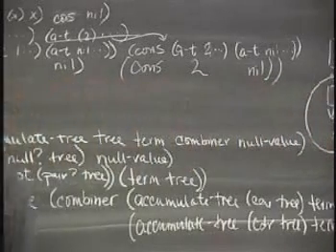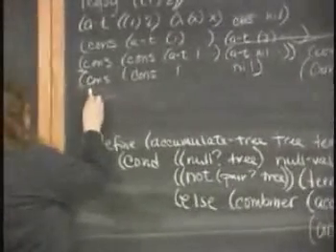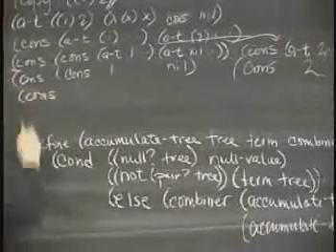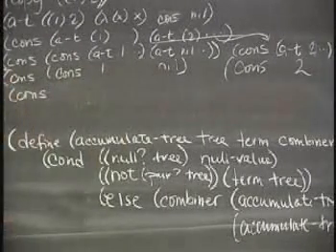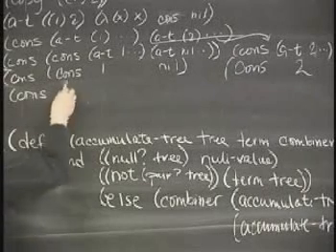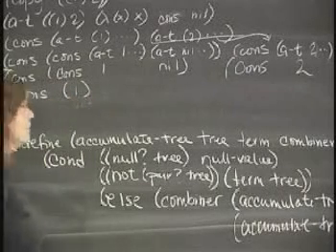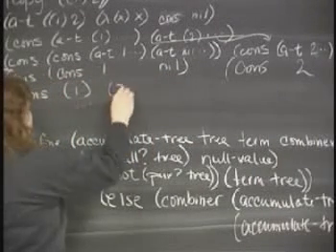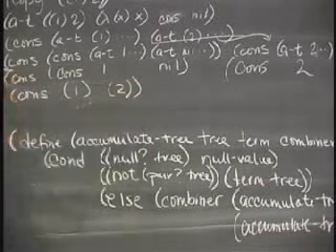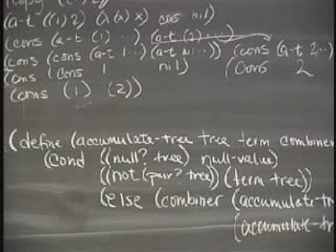Okay, so I'm going to cons 2 things together. Cons 1 nil, well, what does that give me? The list 1. And cons 2 nil gives me the list 2. What happens when I cons these 2 things together?